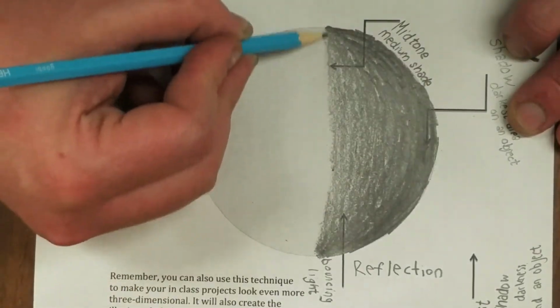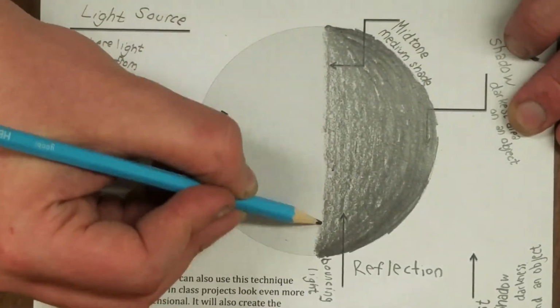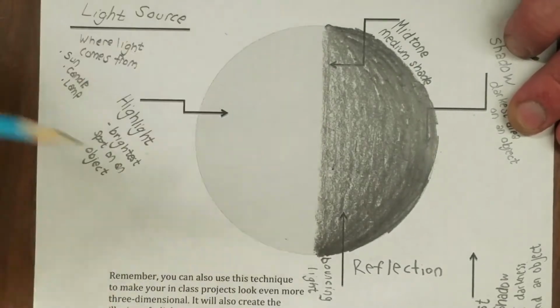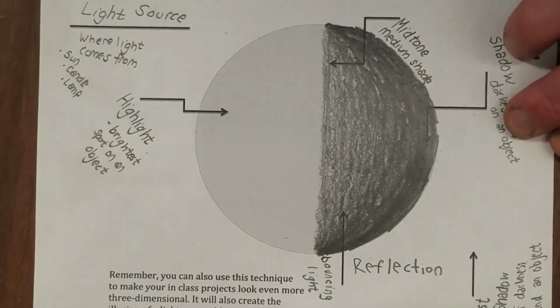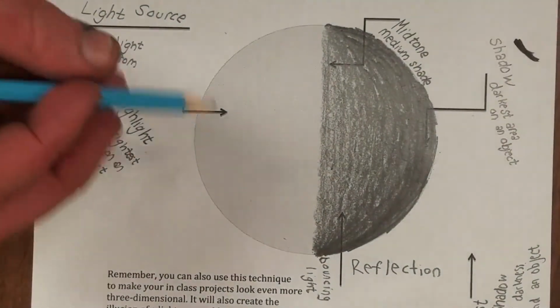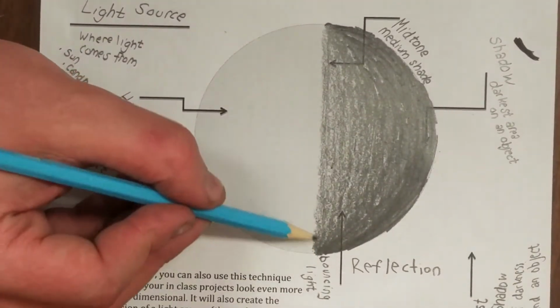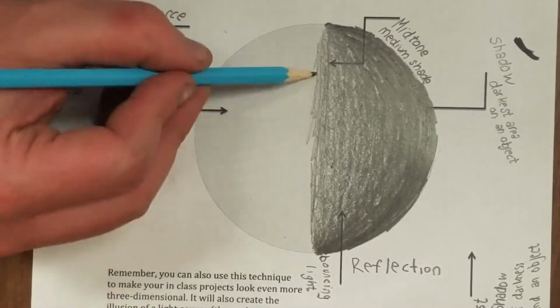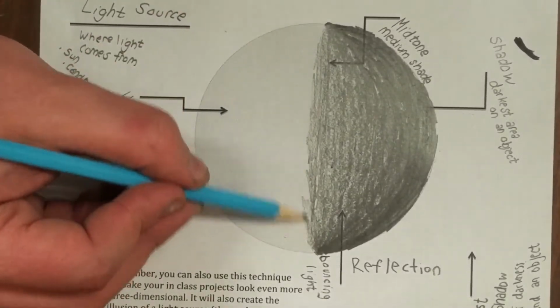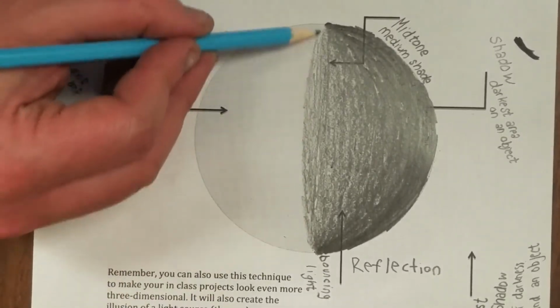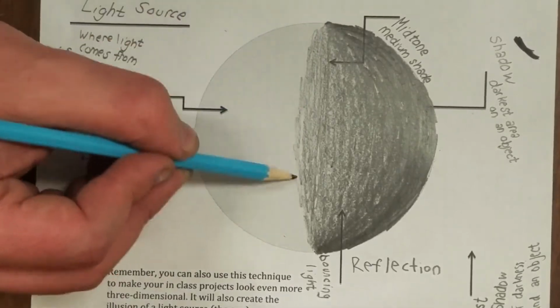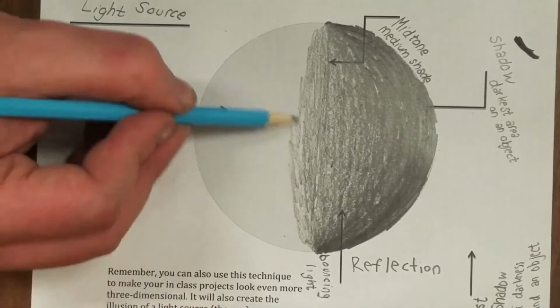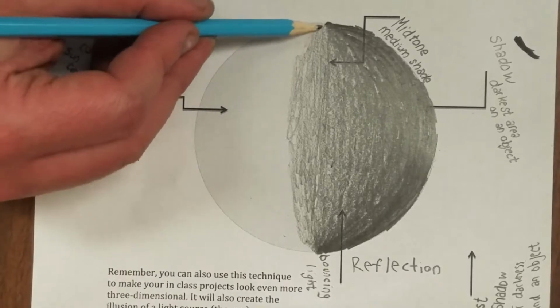I get right to the middle part, and now all of a sudden I can start to curve the lines the other way. So it would look like this. They start out straight at first, then they start to curve, but they also get lighter.